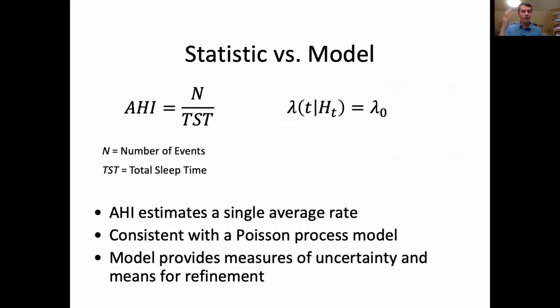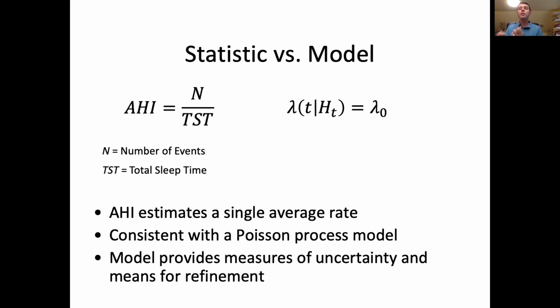So the AHI, my understanding is it typically comes from just looking at the total number of respiratory events over the total sleep time, and not caring at all about the temporal dynamics or the patterns of events that occur. And it turns out that that's equivalent to building a model of events where that model doesn't care about when events are occurring, just the total number of events.